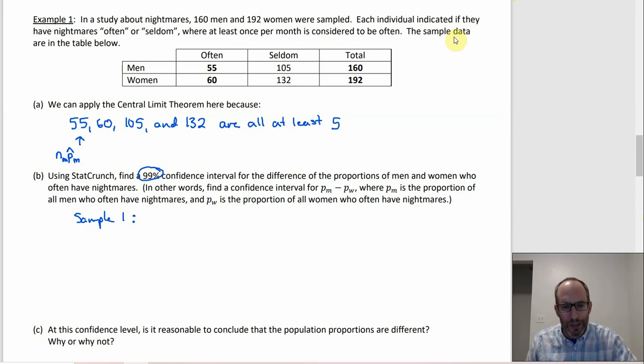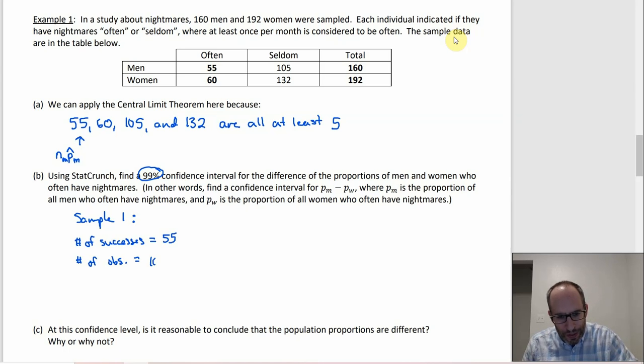So we're going to put sample 1 as the one that you'd start with in the subtraction. So that should be the men. So then the number of successes should be 55. And then the number of observations is going to be 160.